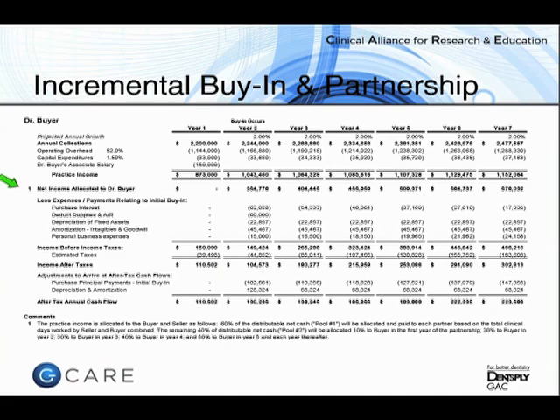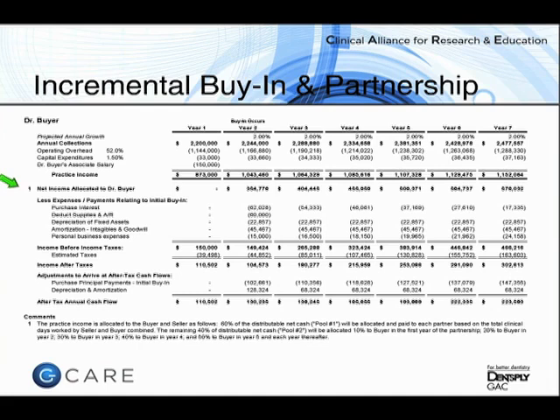Now the income is allocated between the two doctors based on some type of formula or some type of agreement. As we said, it could be that you get 50% immediately. It could be that there's some type of incremental increase per year to recognize that as the practice grows, the buyer gets more and more of the income. Because otherwise, if the seller were to give up 50% immediately, then they're just taking a big pay decrease.